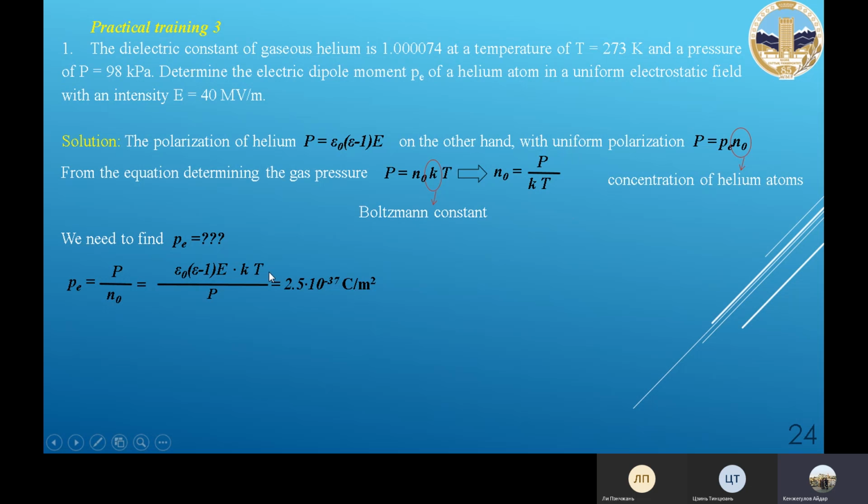When we put in these values, we have 2 point this value. So this is how we determine the electric dipole moment of gallium.